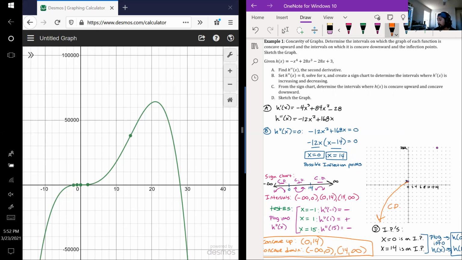And then by my sign chart, it says from 0 to 14, we are concave up. So I'm going to go from my point (0, 3) to my next point (14, 38,000). And this is what concave up looks like. Not that curvy. There you go. That's concave up. And then from 14 to infinity, we are back to concave down. So we go concave up and then we curve right back around.